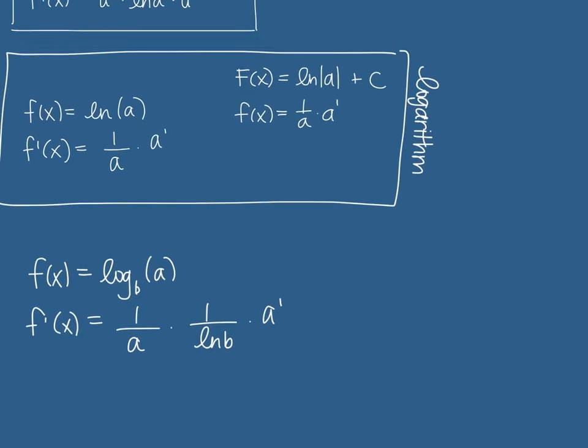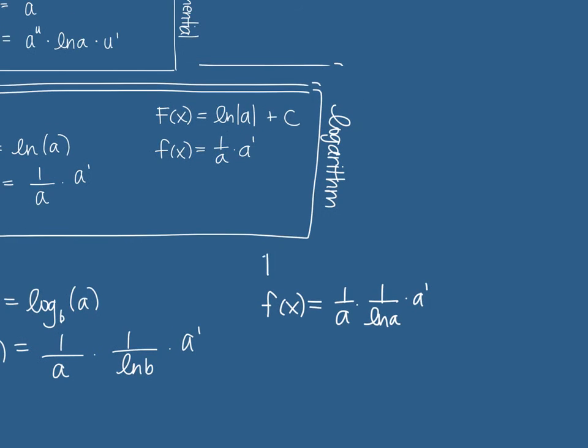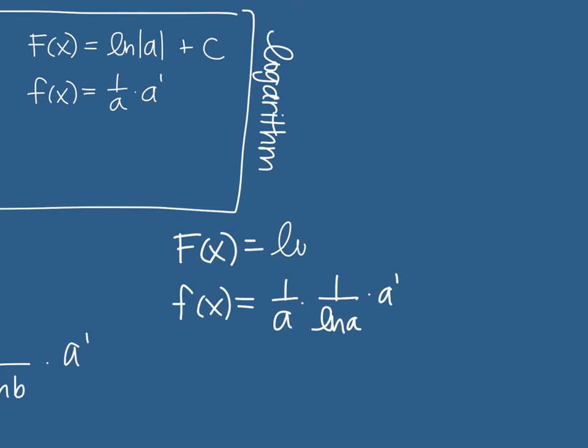And so you would need to recognize if it comes in that form, that would be the antiderivative into a different regular log. So if your f of x was 1 over something and it had a 1 over ln a in it, that's sort of a clue to you that the antiderivative is going to be a regular log base b absolute value a plus c.